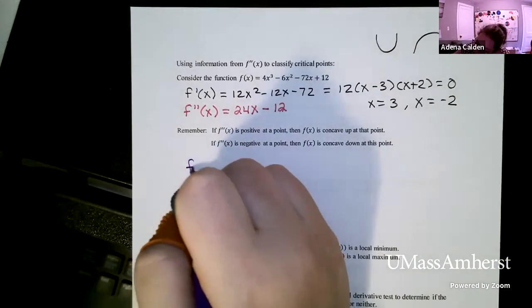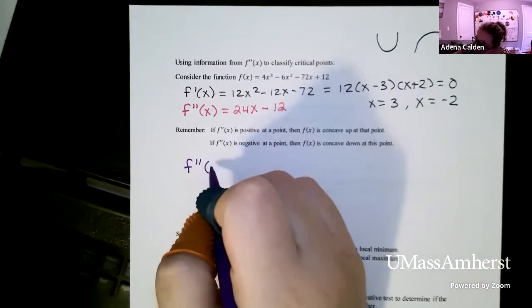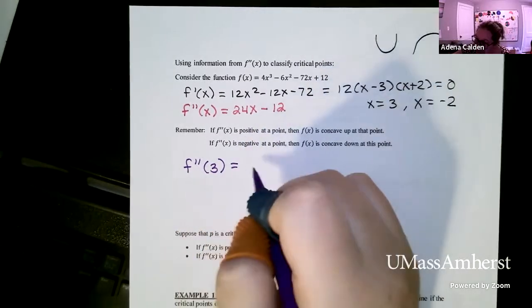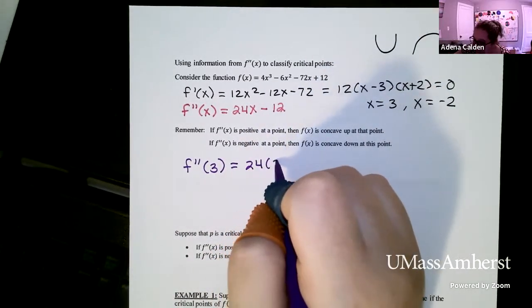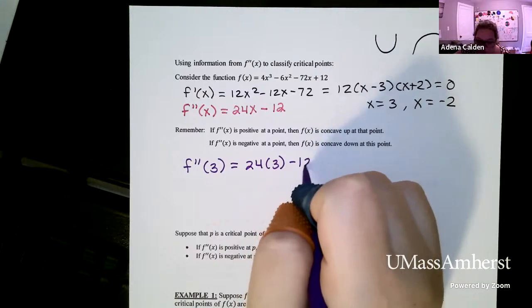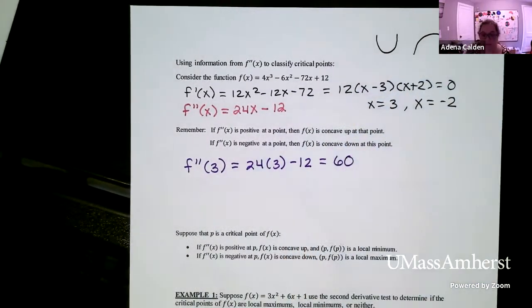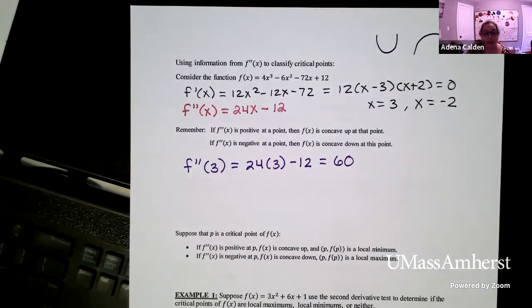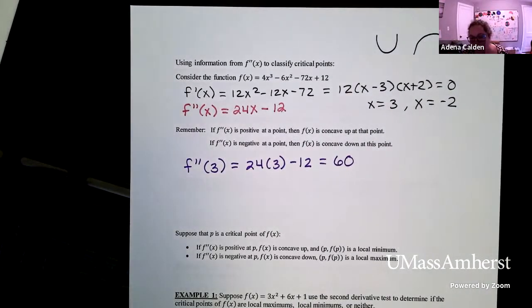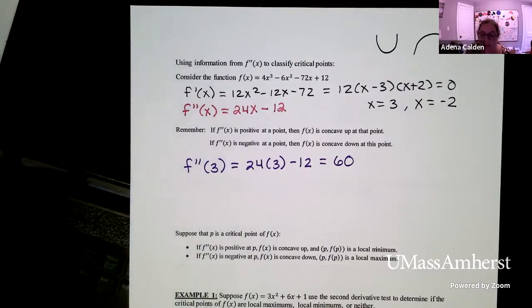So let's say we take the point 3 first. We literally plug it in. So 24 times 3 minus 12, that gives us 60, okay? The 60 itself is not what's important. What's important is the sign, okay? The sign of 60 is positive.